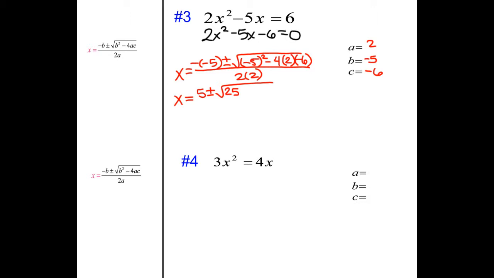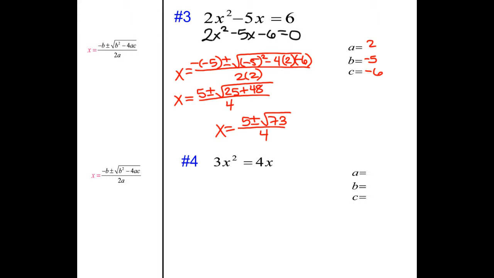Now this is going to become a plus because you're doing a negative times a negative. So it's going to become plus 48, divided by 4. Which means we end up with x equals 5 plus or minus the square root of 73 divided by 4.